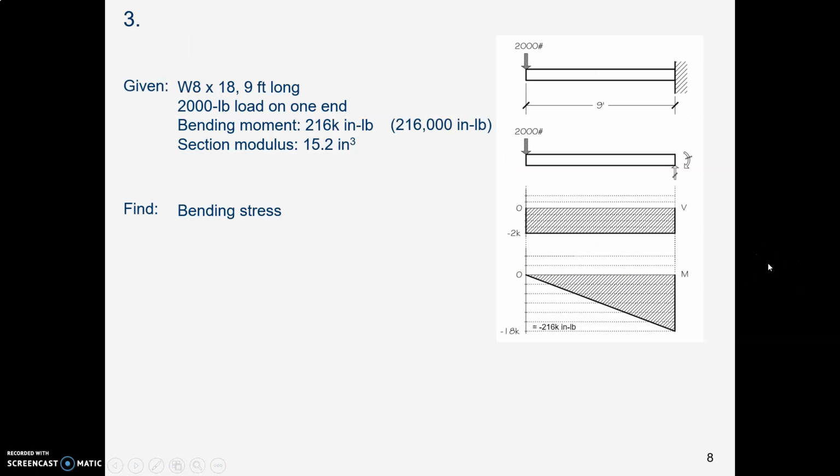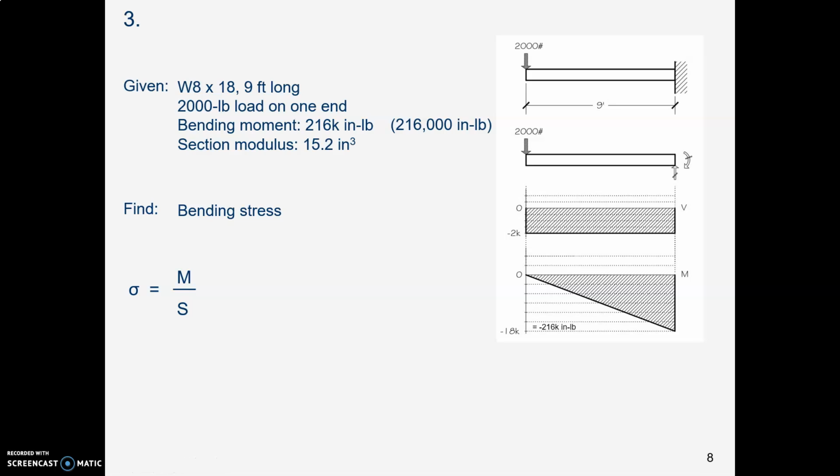Alrighty. So now we can find the bending stress. We converted our bending moment to inch-pounds, so it's 216,000 inch-pounds. We just looked up section modulus. It's 15.2 inches to the third.